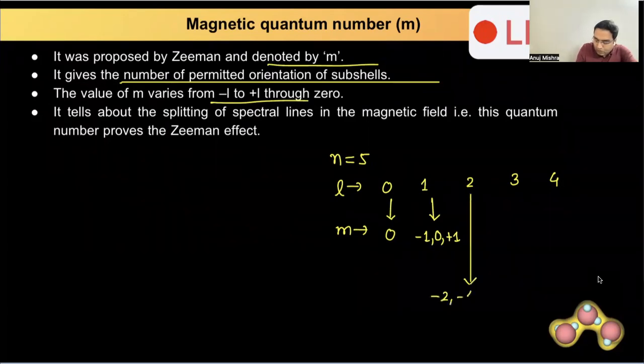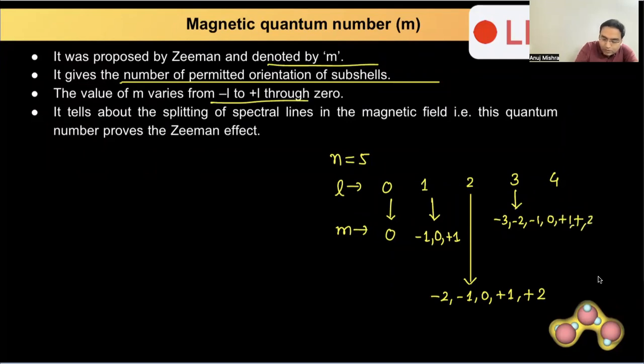Minus 2, minus 1, 0, plus 1, plus 2. How about value of 3? Minus 3, minus 2, minus 1, 0, plus 1, plus 2, plus 3. How about value of 4?